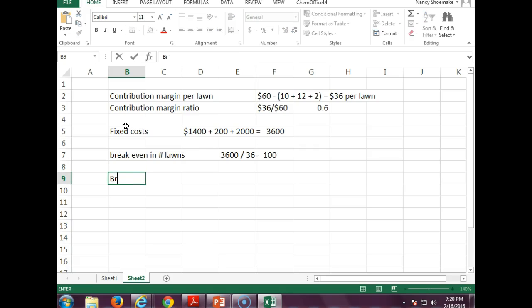What would be our break even in dollars of sales? 100 lawns times how much do we charge per lawn? 100 times 60 is 6,000.